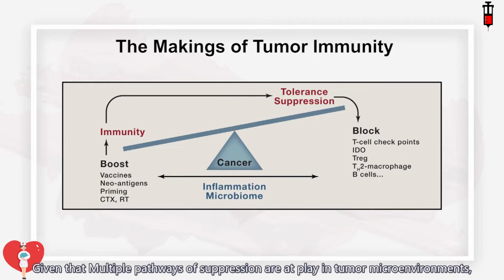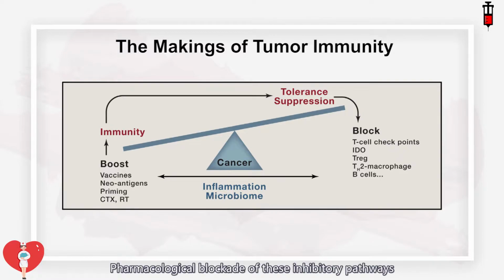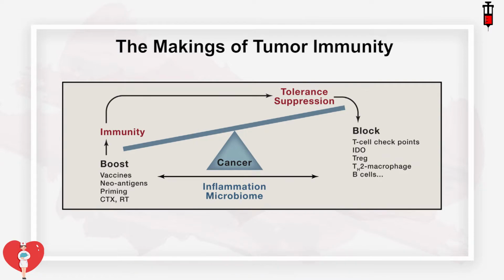Given that multiple pathways of suppression are at play in tumor microenvironments, including suppressive immune cells, as well as molecules such as immune checkpoints, pharmacological blockade of these inhibitory pathways to boost the anti-cancer immune response is thought to be a potent therapeutic strategy for tumors.